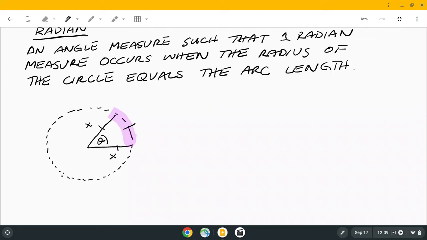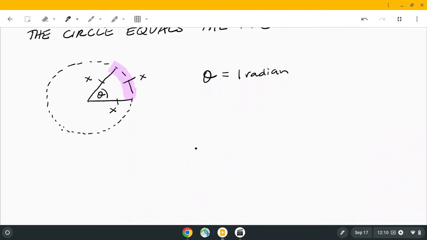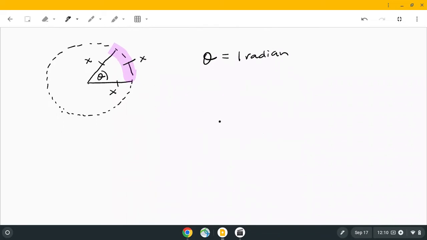So this has some radius x, and when you have 1 radian, so that angle there is 1 radian, then the arc length, this highlighted purple area, is exactly the same length as the radius. Okay. My drawing is a little off, but not that bad. Okay. All right, so that's what that means. That's when you know you have 1 radian.